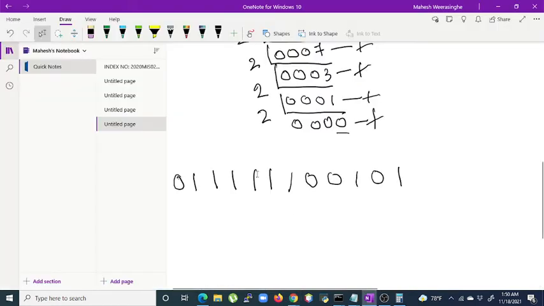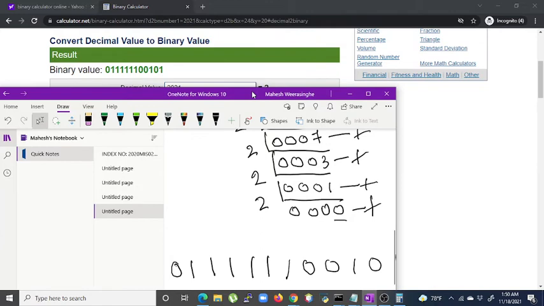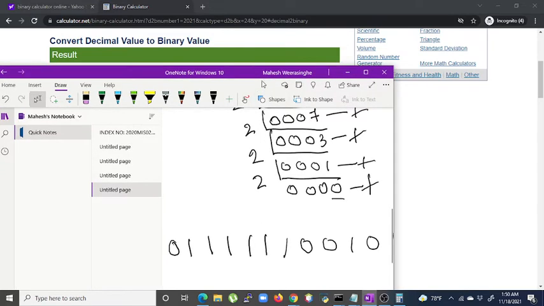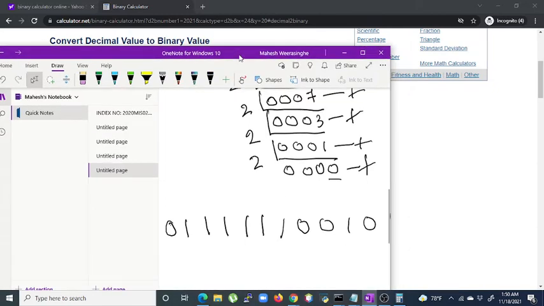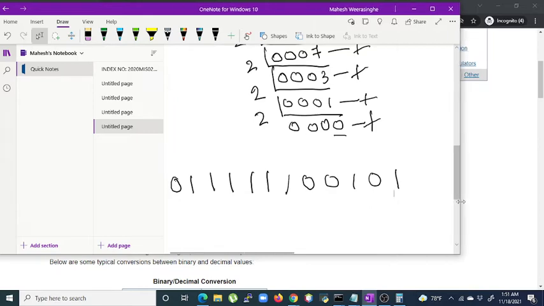Let me check. There are six ones, then 0, 0, 1, 0, 1. Yeah, it matches. So our value is correct.